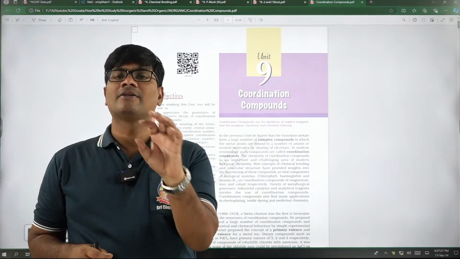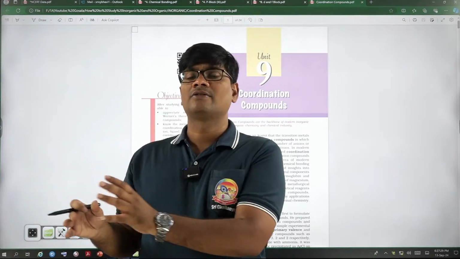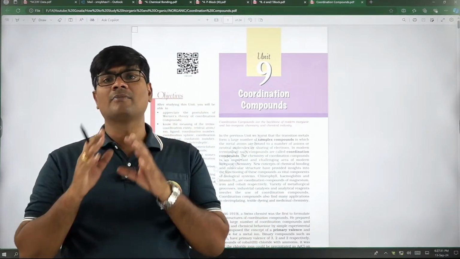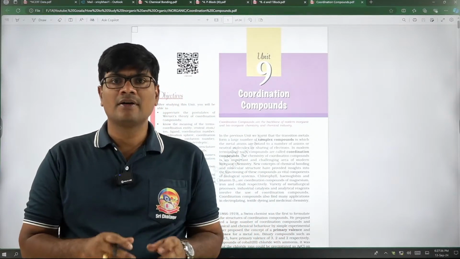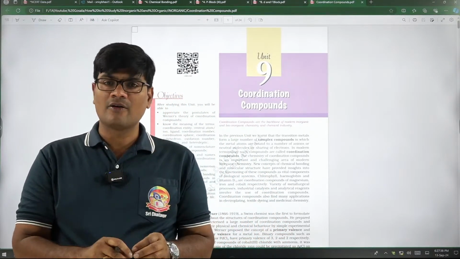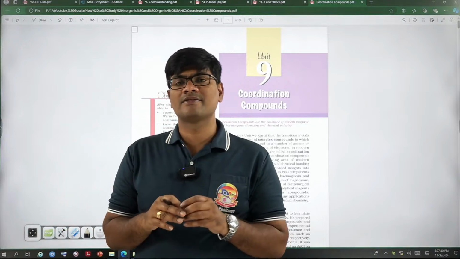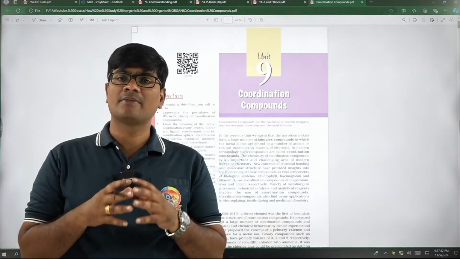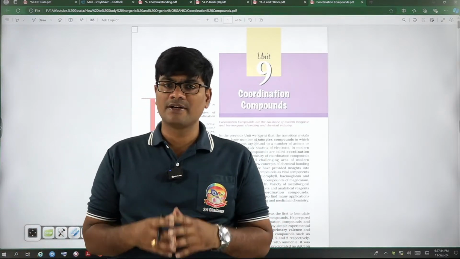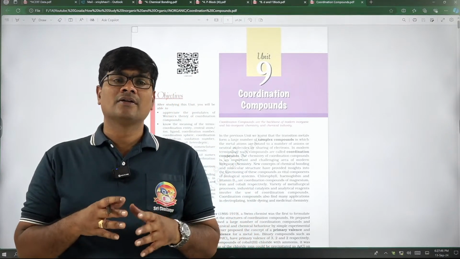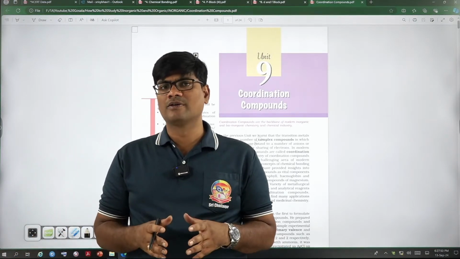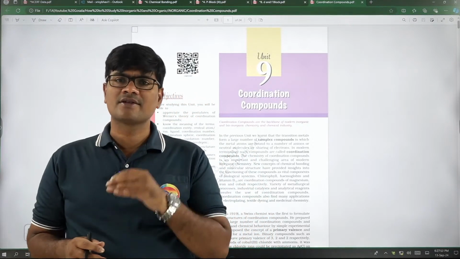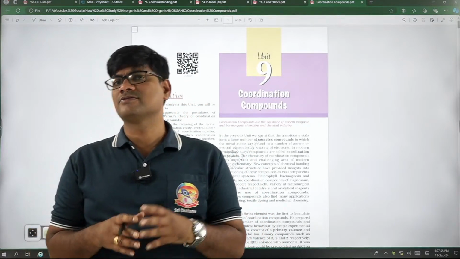Every complex you need to collect, trace it out and write in your notes: each complex, its name, the central metal oxidation state, and then valence bond theory, its hybridization and shape or geometry, and then about the metal carbon bond. If so, then what about the synergistic effect? Everything about the complexes you need to write down.